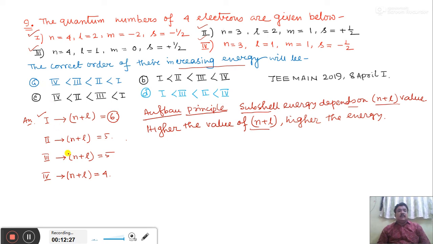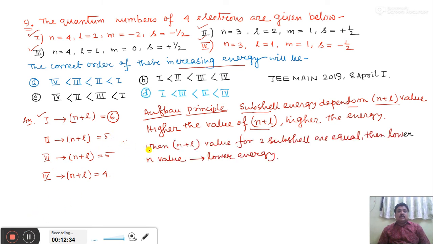Now in case of 2 and 3, the n + l values are the same. When the n + l values of two subshells are equal, we see where the value of n is lower. Lower value of n means lower energy. In case of 2, the value of n is 3, and in case of 3, the value of n is 4. So the energy of 2 is less than the energy of 3.